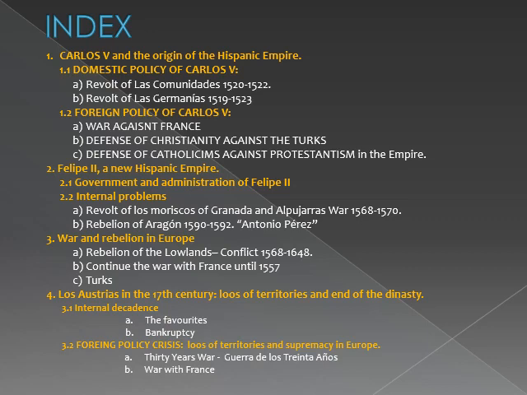Today in this class, we are only going to talk about this first point dedicated to Charles V, the empire, his domestic policy and his foreign policy. Another day, another class, we're going to talk about Philip II, his son, the heir to the empire. And in another class, we'll talk about the Austrias in the 17th century.